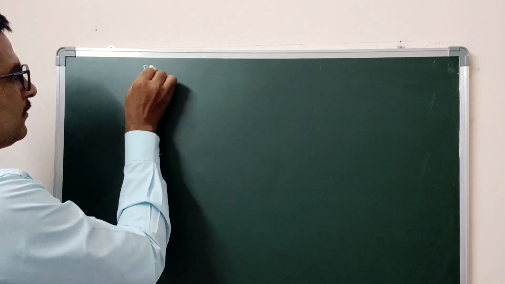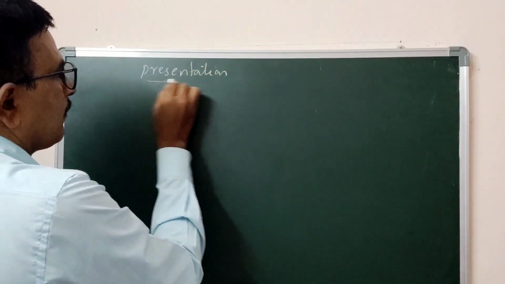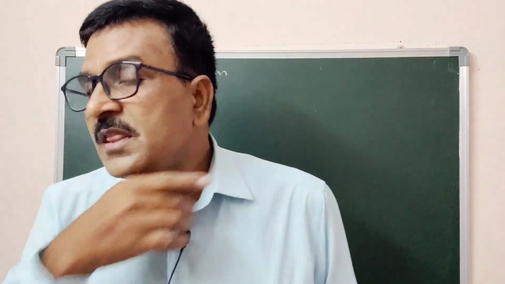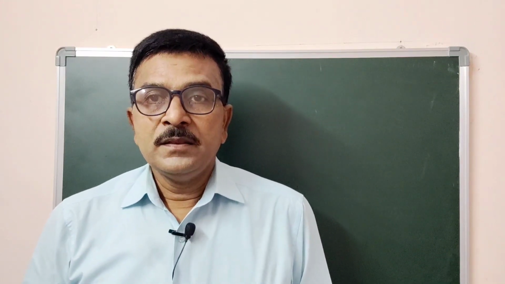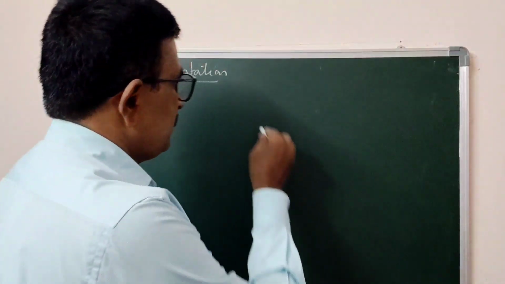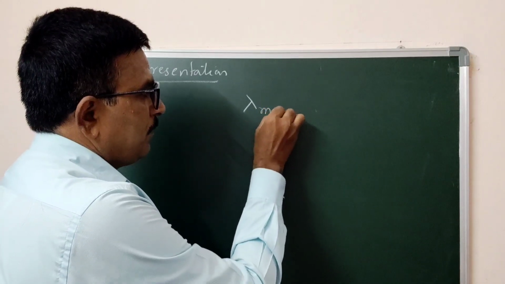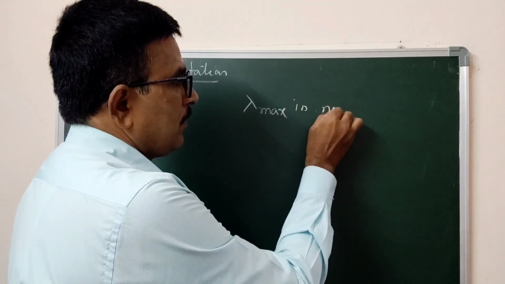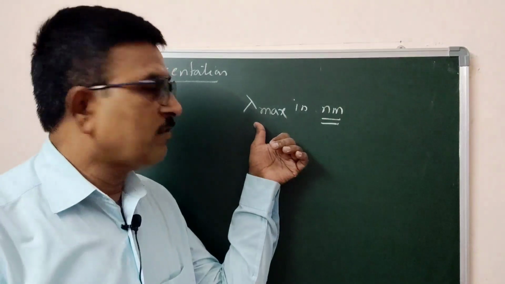Presentation of ultraviolet spectrum. Now in ultraviolet spectroscopy, as I just told, the absorption frequency is measured in the form of a wavelength of maximum absorption and represented in nanometer units, the wavelength of absorption.